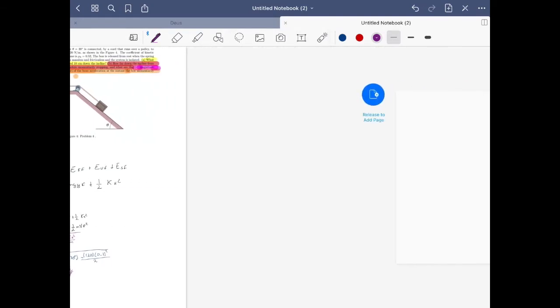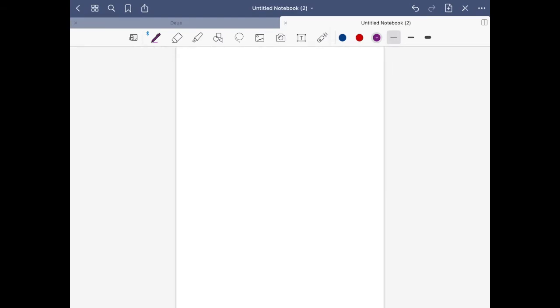And for part B, that says, how far down the incline from its point of release does the box slide before momentarily stopping? We have that the final speed is equal to 0 meters per second. And we are going to use again the same equation of the principle of conservation of energy.